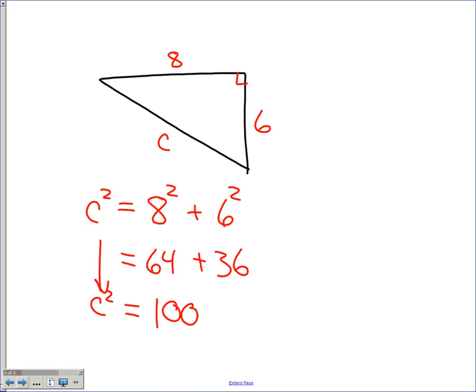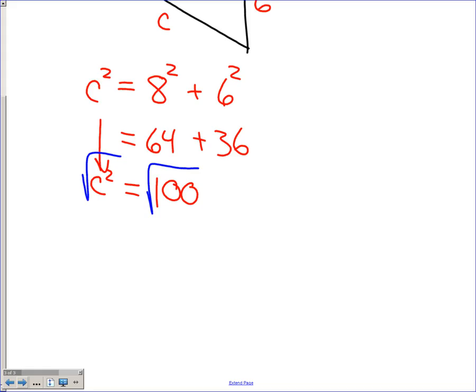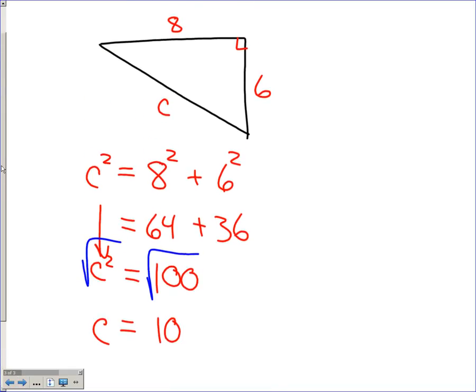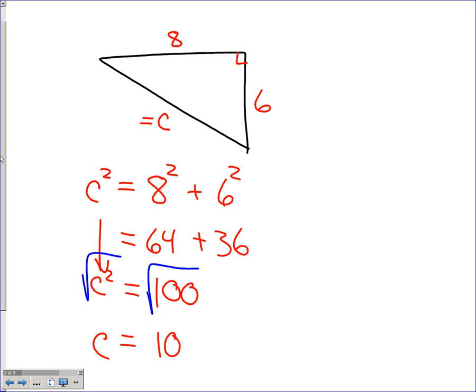Let's take the square root of both sides. So here we go. The square root of C squared is equal to C, and the square root of 100, that's a 10. So the side length that we have here for C is 10. The legs, small, medium, large, 6, 8, and then finally hypotenuse of 10.